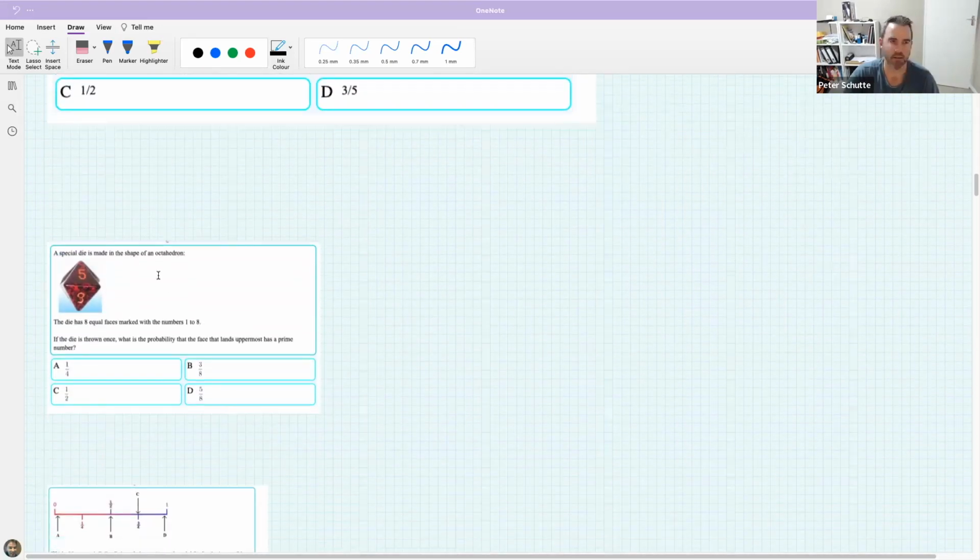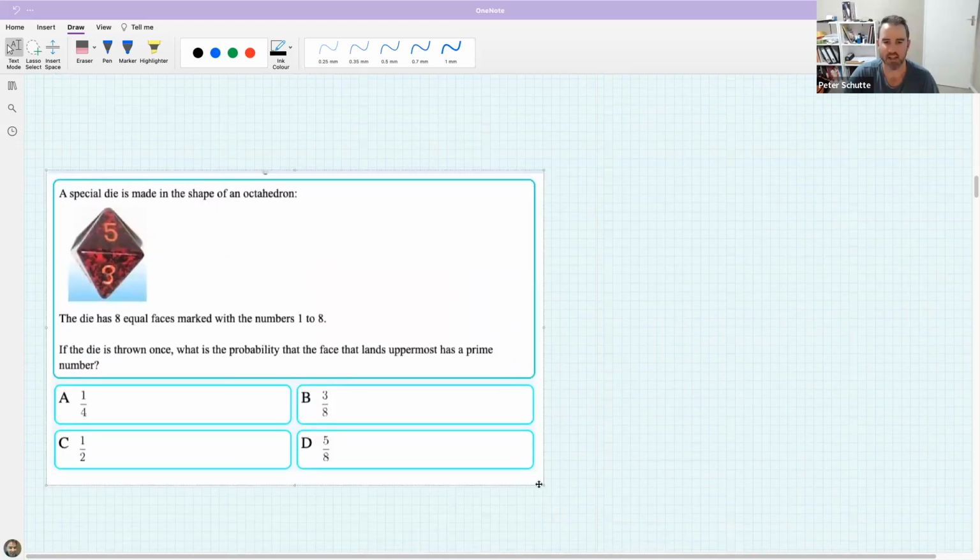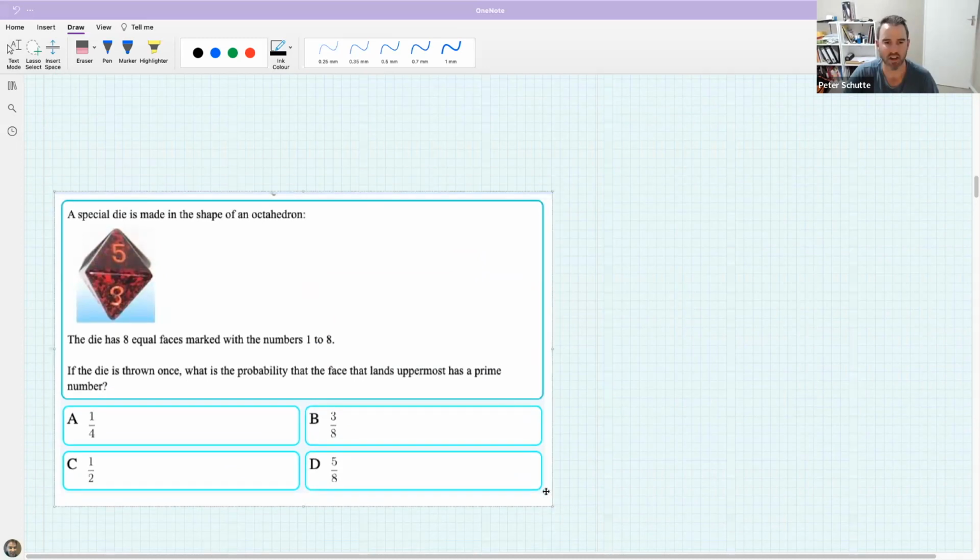This time, this is one of those fancy dice like you get on these fancy board games, and the dice has numbers 1 to 8. If the dice is thrown once, what is the probability that the face lands uppermost with a prime number?